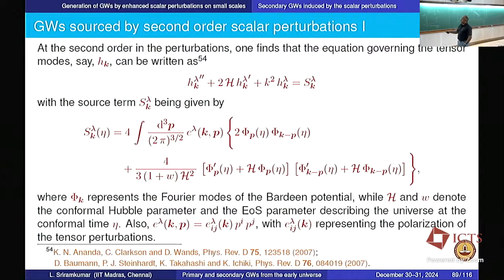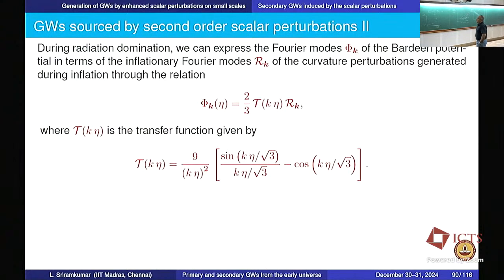So all you need to do is evaluate this quantity Sk of lambda at a given epoch. We will focus on the radiation dominated epoch. And you need to know what these phi k and phi p are during that epoch and obtain a solution to this Hk. How do you obtain phi k?